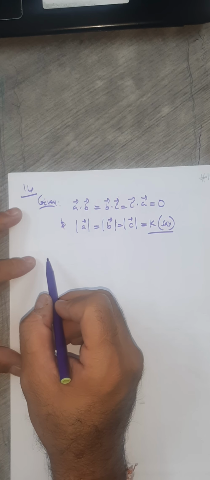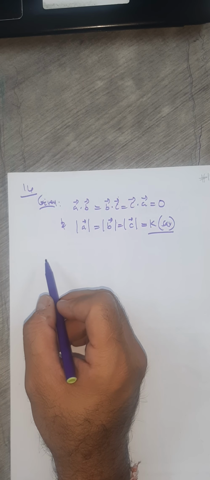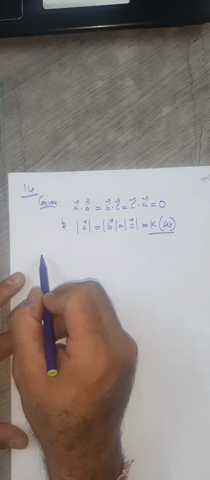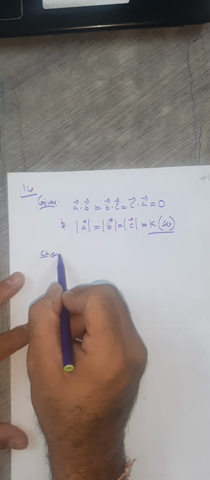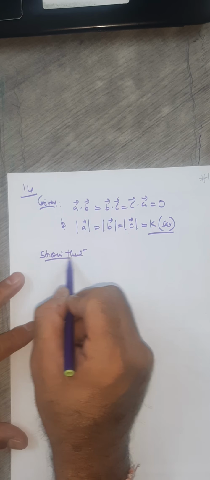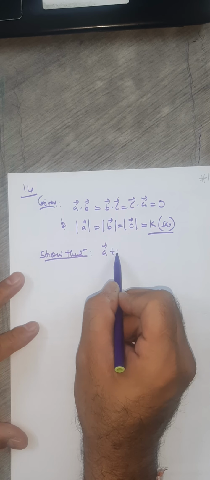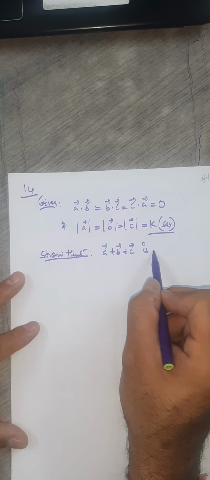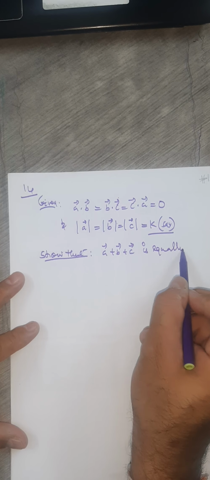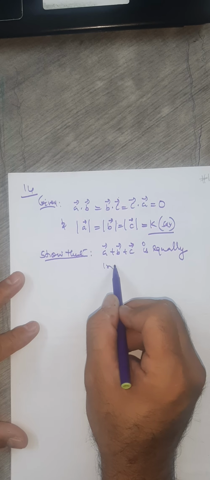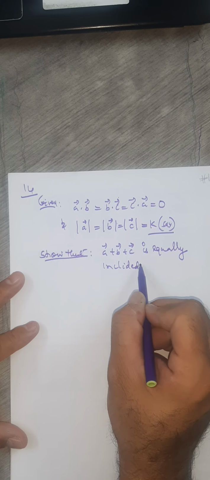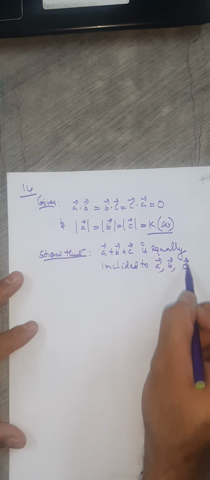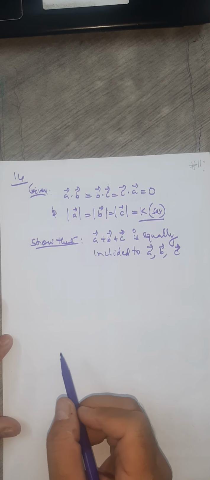You want to prove that, what you want to prove? Show that this vector A + B + C is equally inclined to vector A, B and C. So what you want to prove?